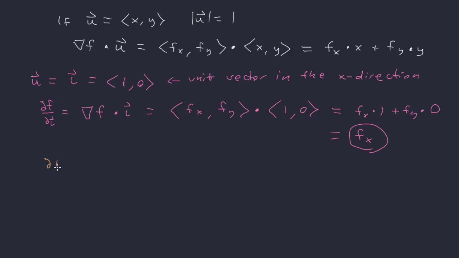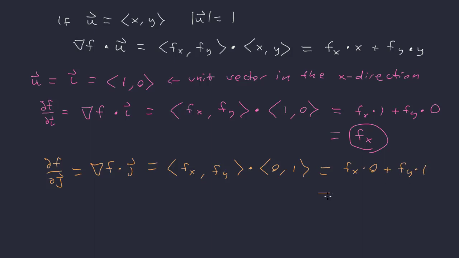And if we do the same thing with j, the gradient of f dot j will be f sub x comma f sub y dot 0 comma 1, which will be f sub x times 0 plus f sub y times 1, which ends up being just f sub y.